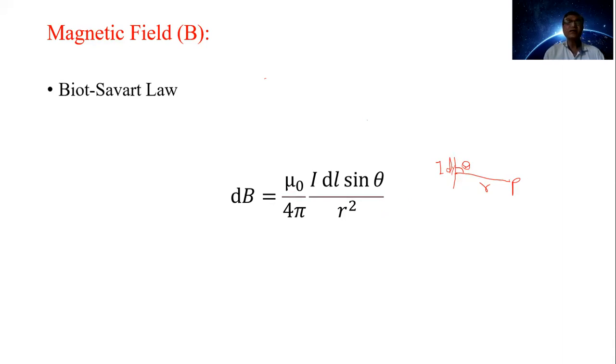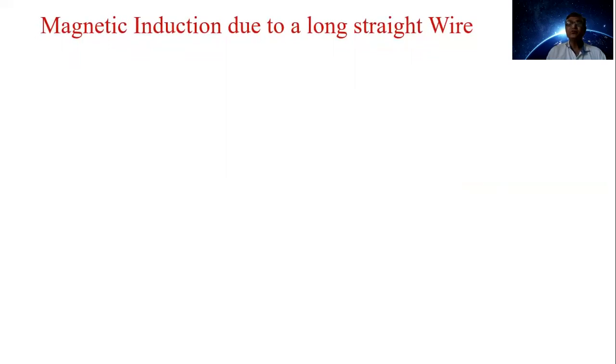Now we have to see the applications of the Biot-Savart law. The magnetic field produced due to a long straight wire carrying current can be calculated by using the Biot-Savart law.